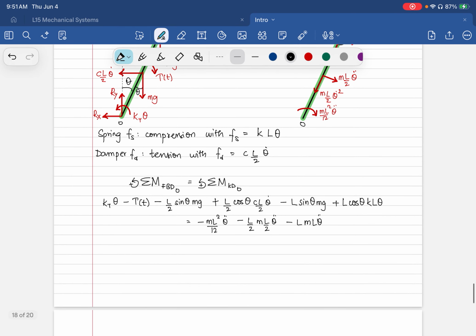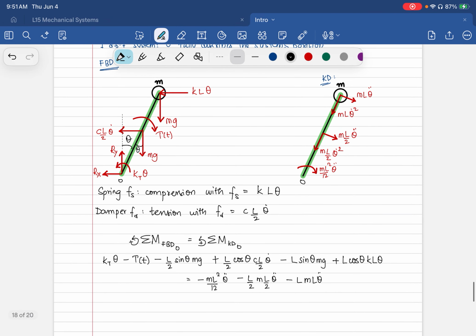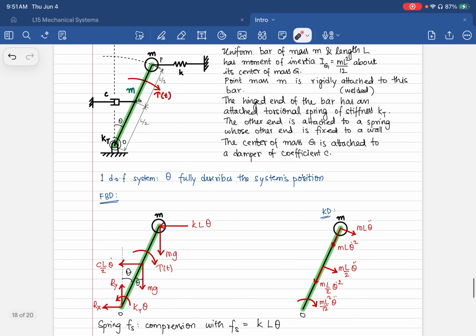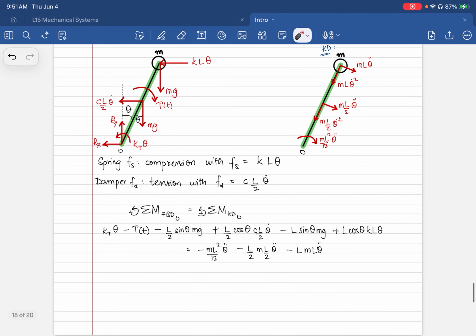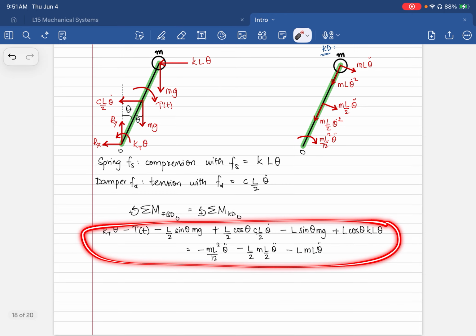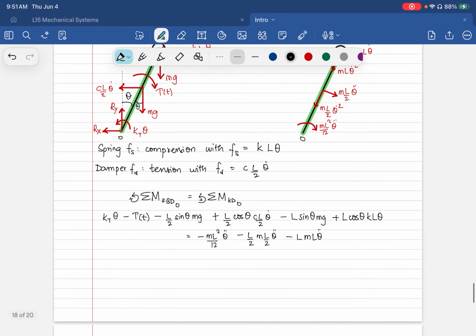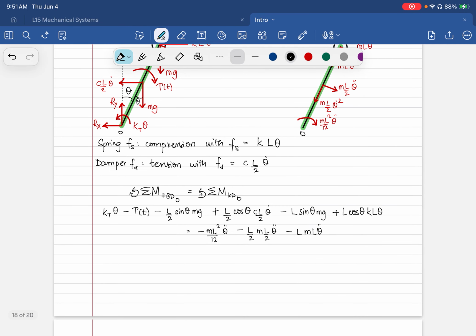Just be very careful when you're writing this down. Breaking it down into these kind of steps helps you. Always keep checking back in this figure if you've captured everything. So right now we have applied the moments about the same point O to then arrive at this relation here.